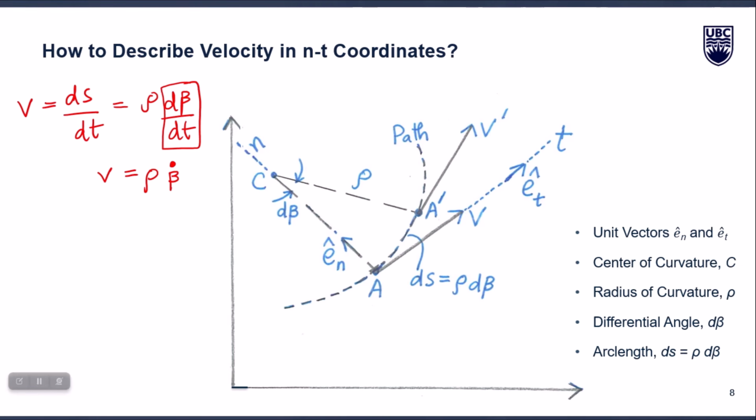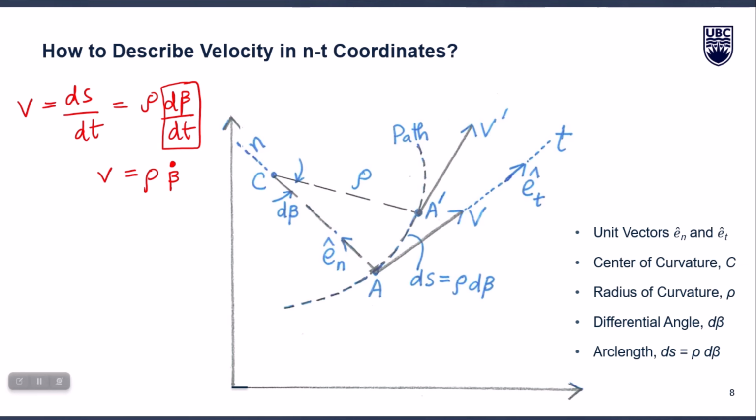But velocity will always be along the t direction, it will not have any component along the n axis, because it is always tangent to the path. At any time instant the direction of velocity is tangent to the path, which means it will have only one direction all the time, and that direction will be the t direction.